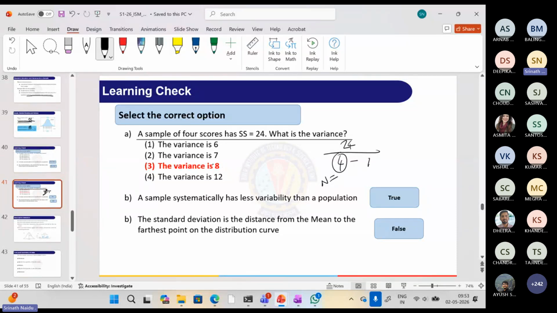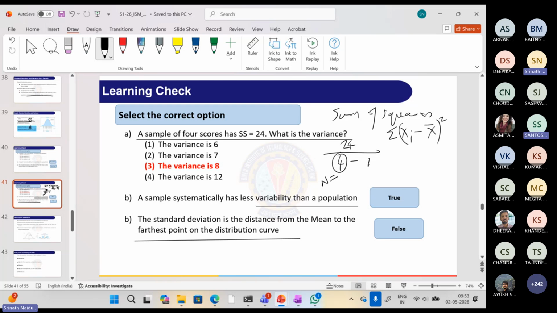Okay, a sample systematically has less variability than the population. Yes, it's true, because a sample has fewer elements in it. The standard deviation is the distance from the mean to the farthest point of the distribution curve. No, that's not true, because it is the average deviation. SS is the sum of squares of those deviations, that is, the sum of (xi minus x bar) squared.